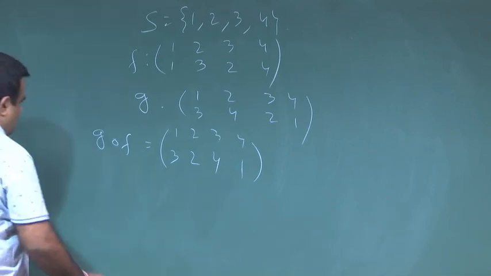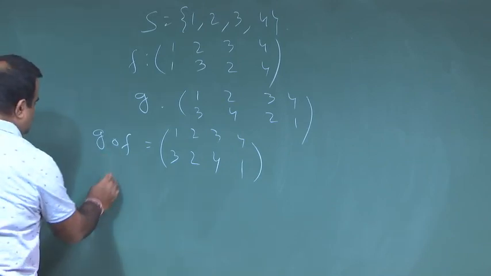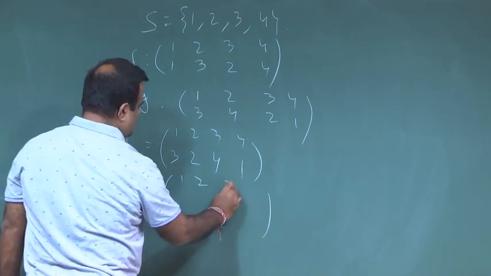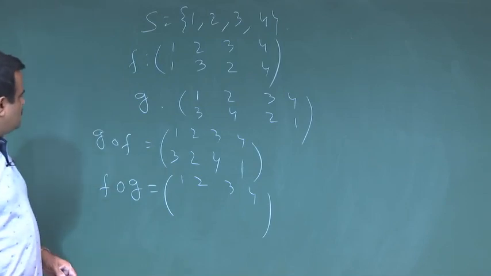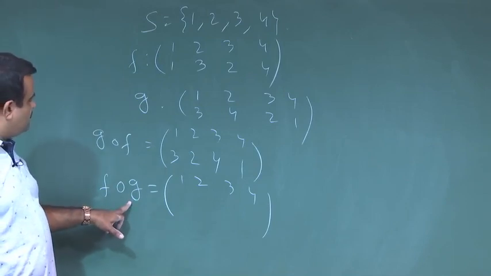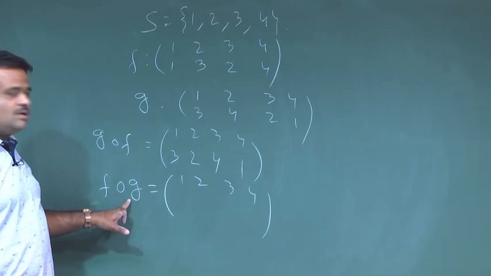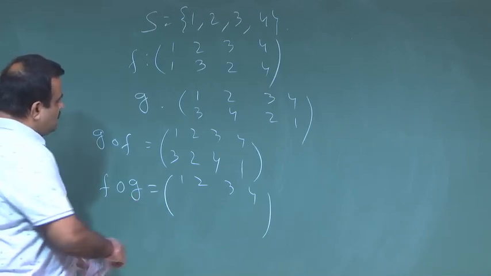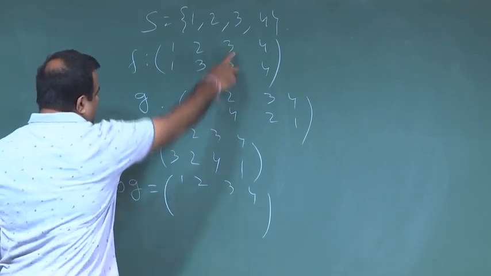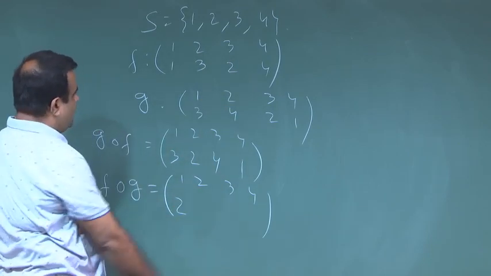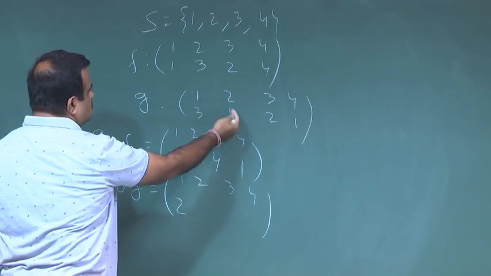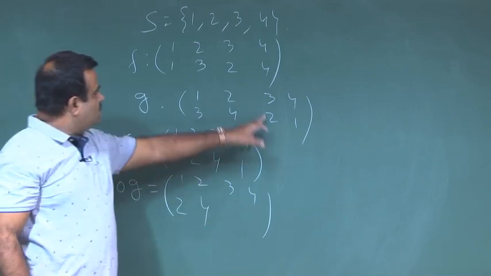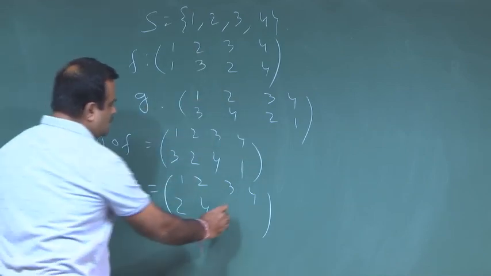Now, for curiosity, we want to know f compose g. F compose g means we first apply g, then we apply f. If we apply g on 1, it goes to 3, and 3 goes to 2. Then 2 goes to 4, and 4 goes to 4. Then 3 goes to 2, and 2 goes to 3.